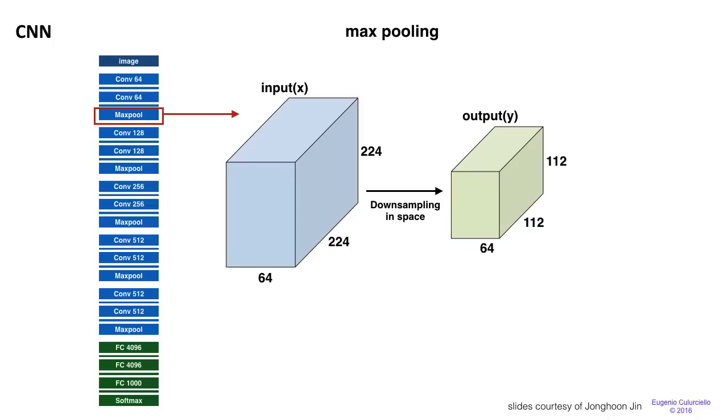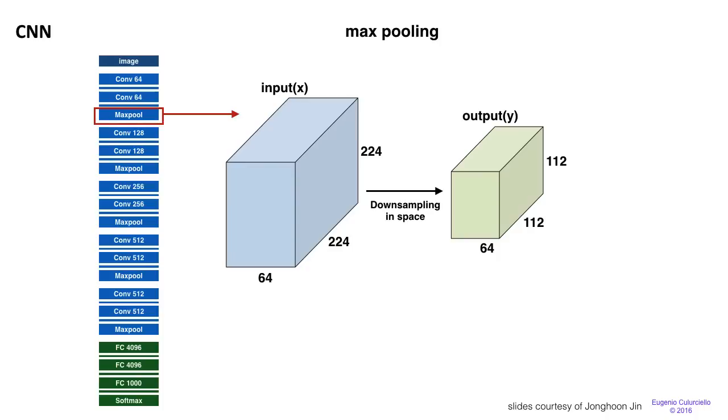The last operation of the convolutional neural network is max pooling. Max pooling takes the input and downsamples it in space. For example, here the input is in blue, 224 by 224 by 64 maps.